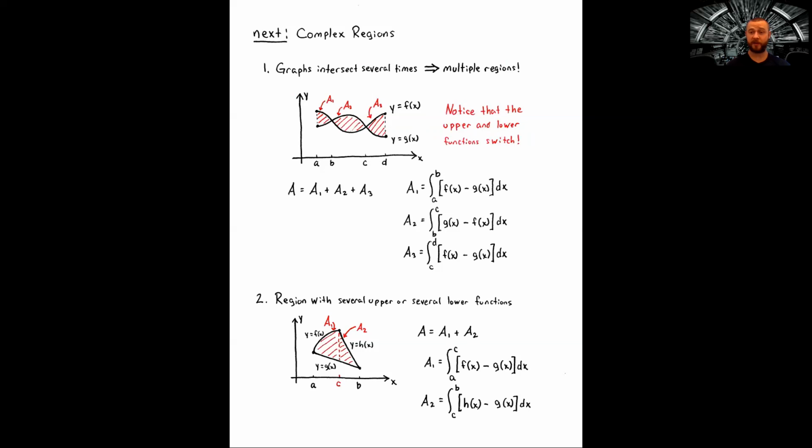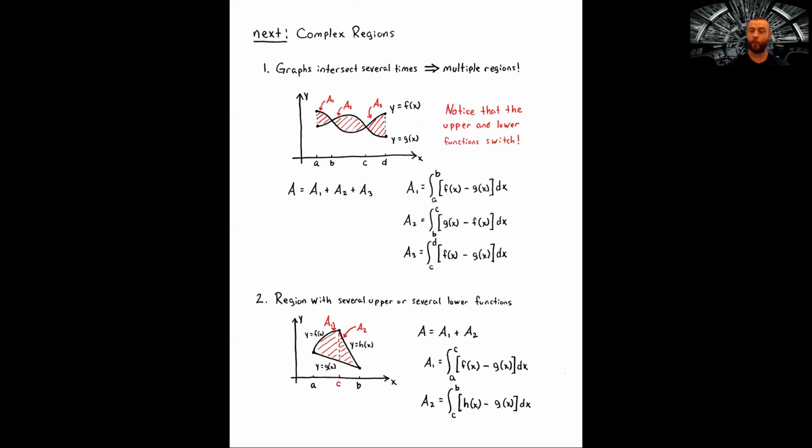A1 is bounded above by f of x and below by g of x. A2 is bounded above by h of x and below by g of x. So if the upper part is bounded by 2 different functions, we can split it into 2 separate regions.